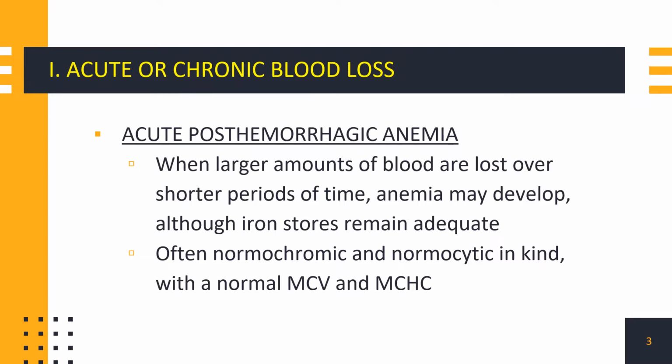Up to 20% or approximately 500 to 1000 ml of blood may be lost without clinical signs at rest, but with mild exercise, the patient may experience tachycardia or a rapid heartbeat.